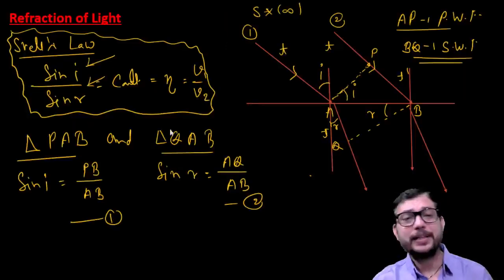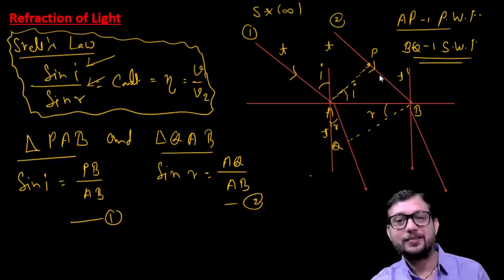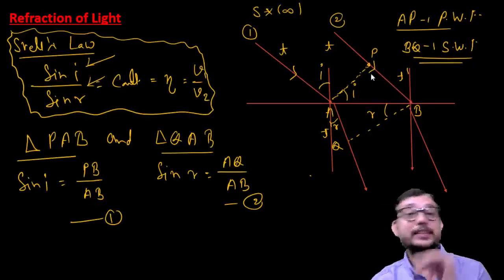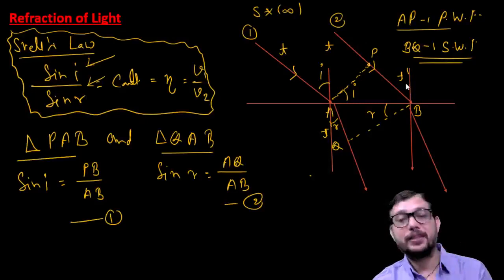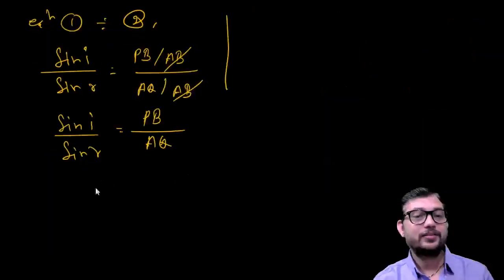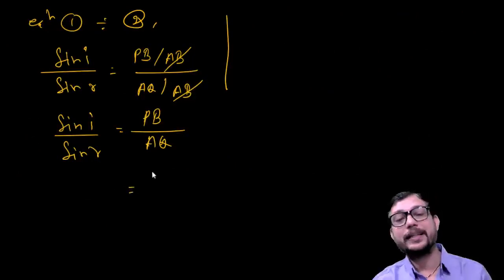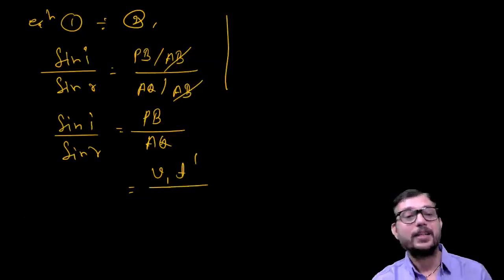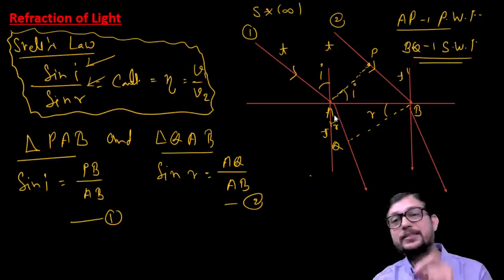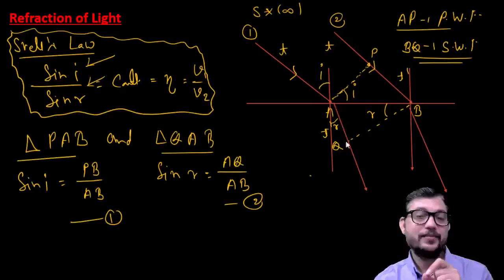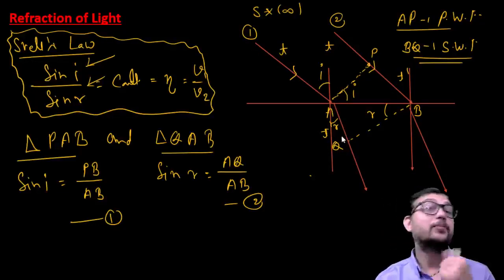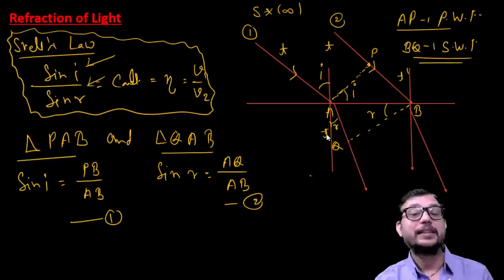Now what is PB? As you can see in the picture, PB is the distance traveled by the wave 2 in medium 1 in time t dash. If the speed is taken as v1, it will be v1 t dash, and AQ is the distance taken by wave 1 in medium 2 in the same time t dash.